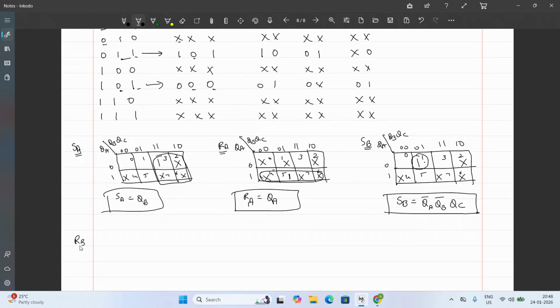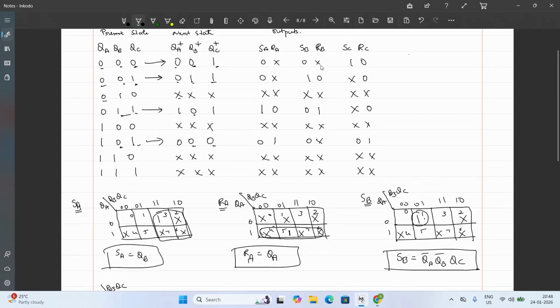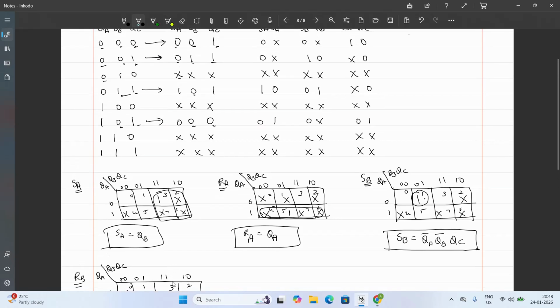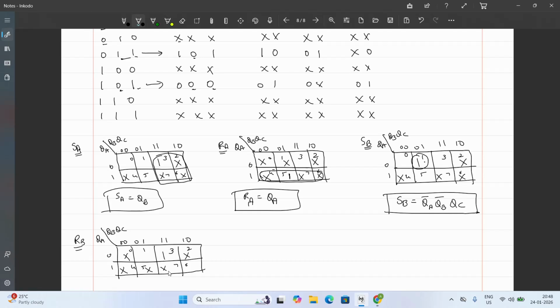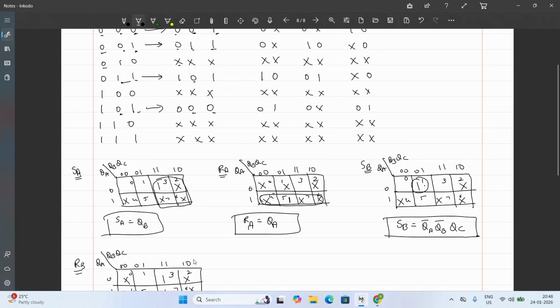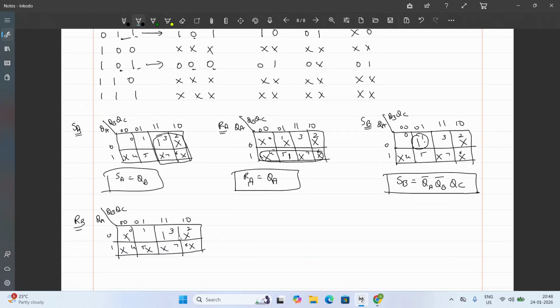Coming to RB. So here you can make this as a quad.